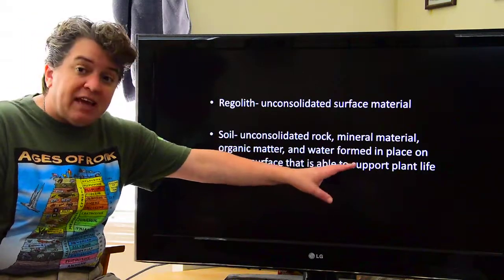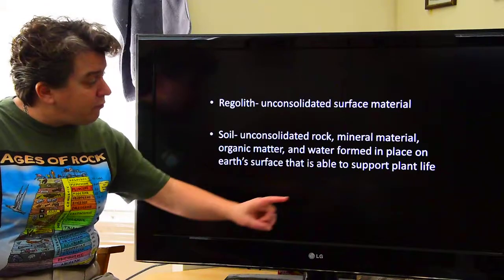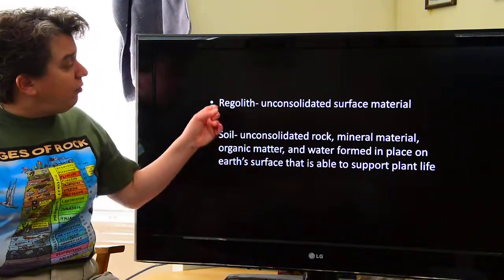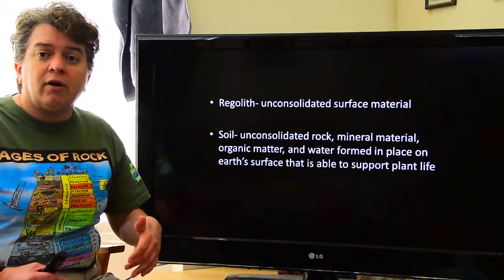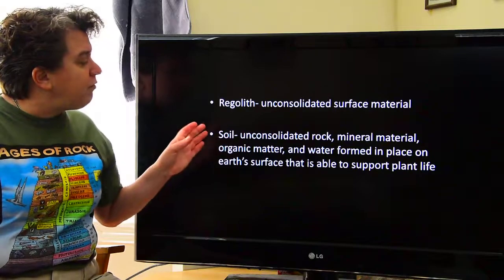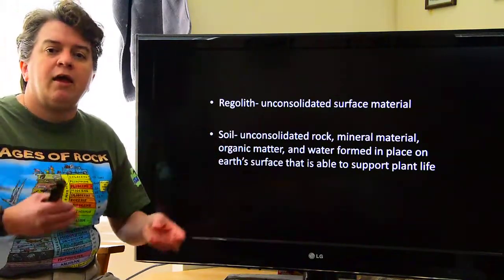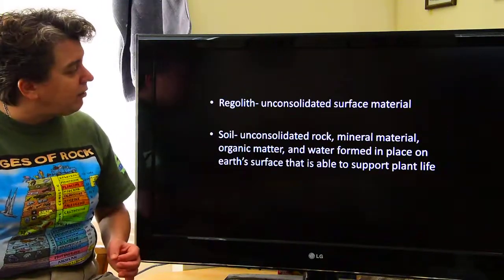It forms in place on the surface, and here's the really vital part of soil: it's able to support plant life. So the difference between soil and regolith is that regolith is just broken up rocks, while soil has organic matter and water in it and is able to support plant life. That's the really big difference.